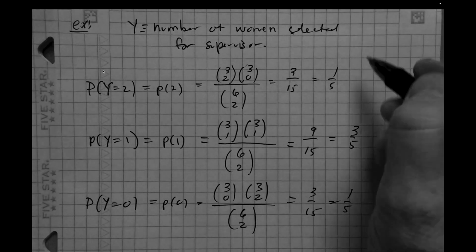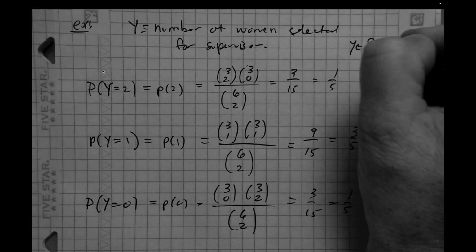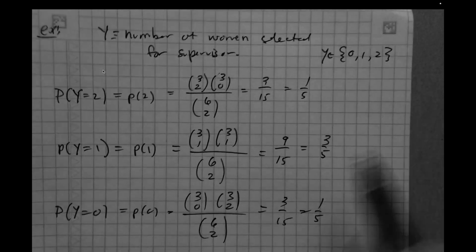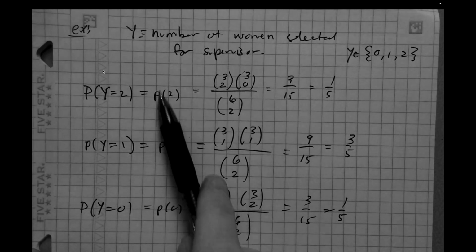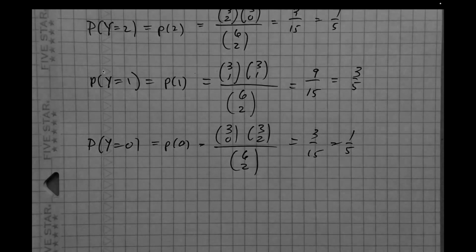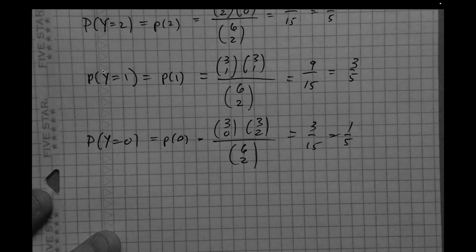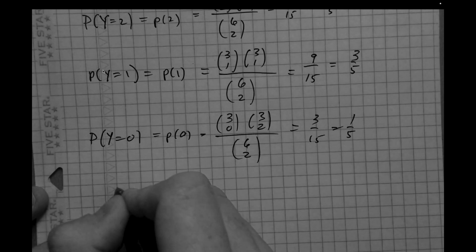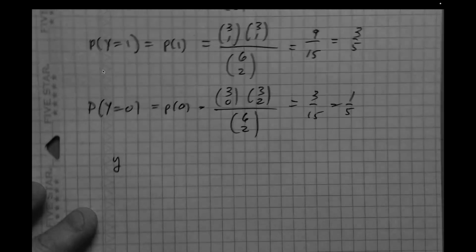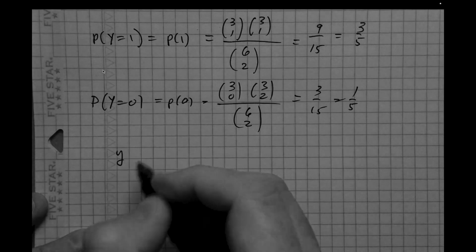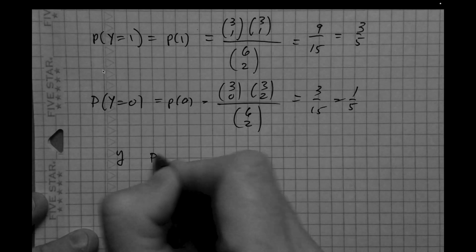Because y can only have the values 0, 1, or 2, and we've calculated the probability of each of those, we now have the probability distribution for y. It can be represented in various ways. The first way, maybe we'll start with, is a table. Usually if you're representing a probability distribution as a table, you want basically 2 columns: y, and then the probability of y.